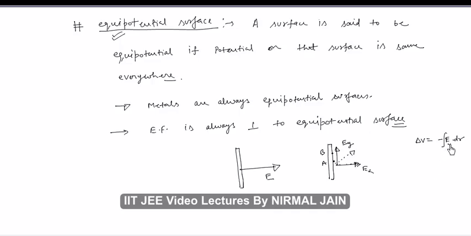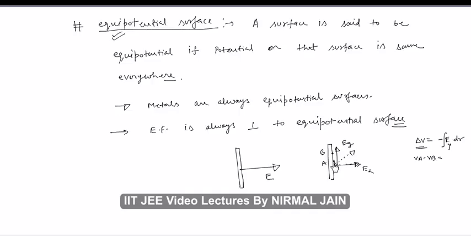If the electric field has some y component, then this quantity will not be 0, and then delta V will not be 0. Delta V not being 0 means there is some difference of potential between these two points A and B, which should not be there because we are talking about an equipotential surface.